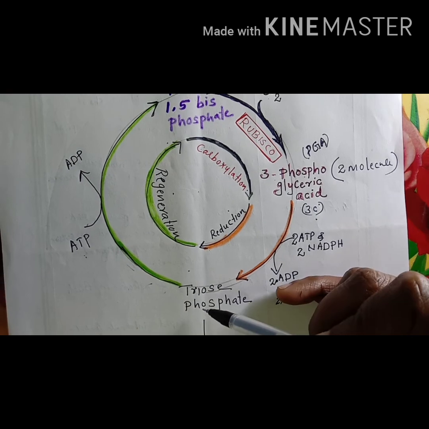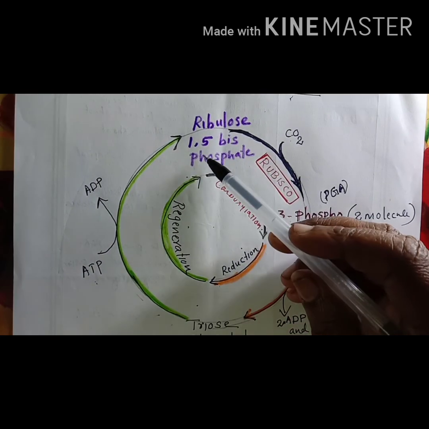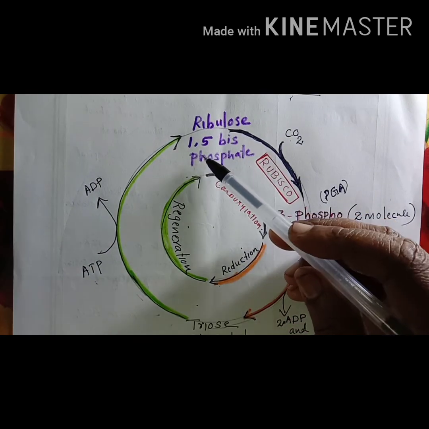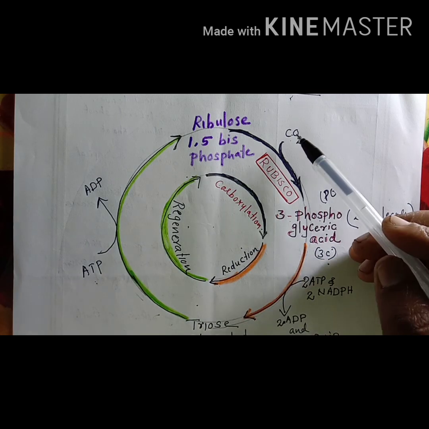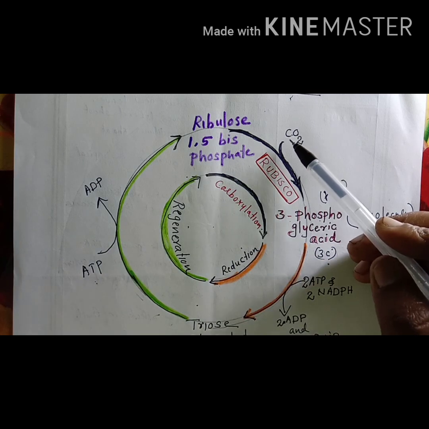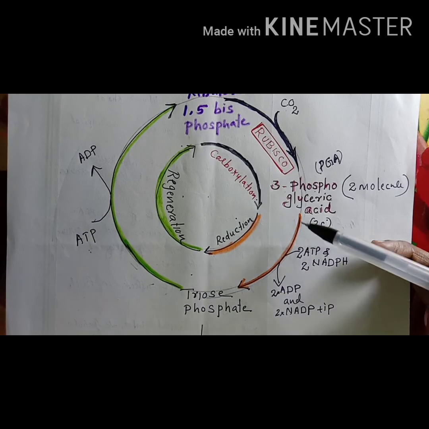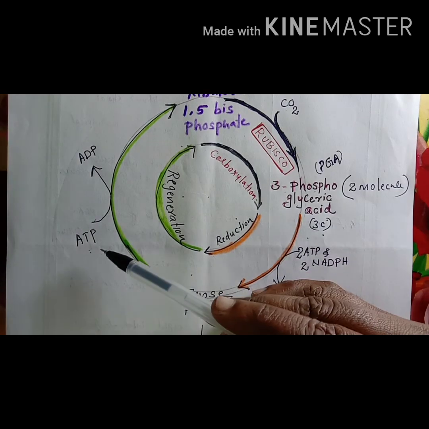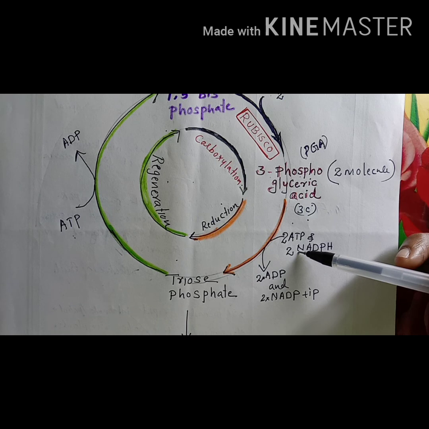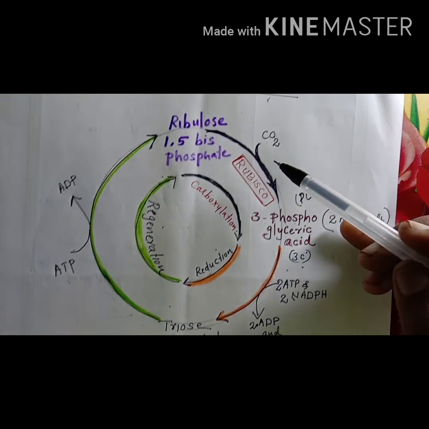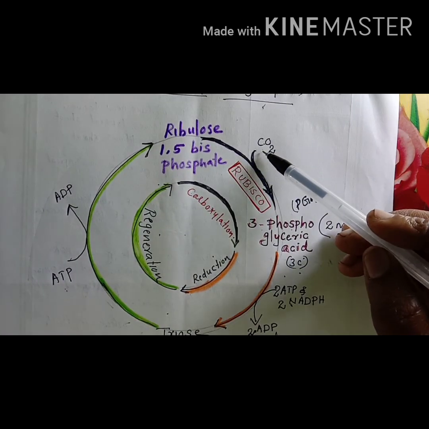And again, from triose phosphate, ribulose 1,5-bisphosphate is regenerated, where 1 ATP is utilized. So during the fixation of 1 molecule of carbon dioxide, here 2 and here 1. In total, 3 ATP and 2 NADPH are utilized for the fixation of 1 molecule of CO2.